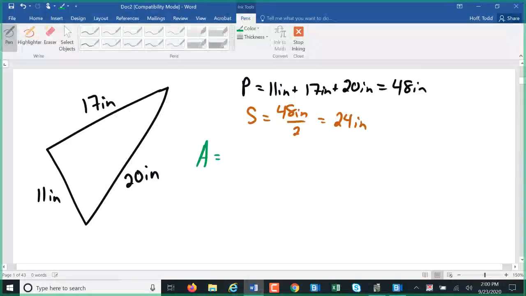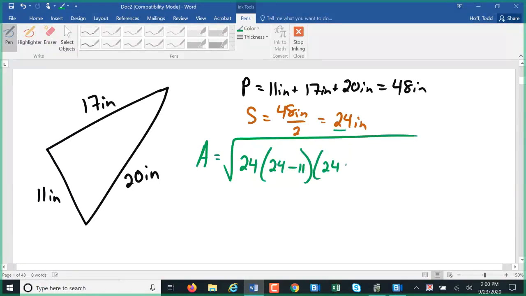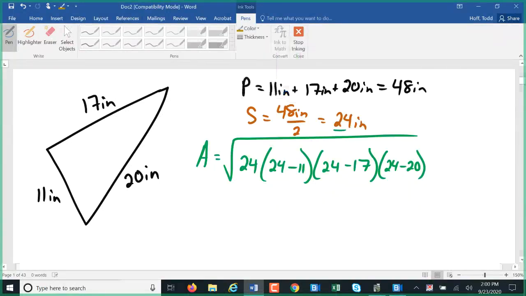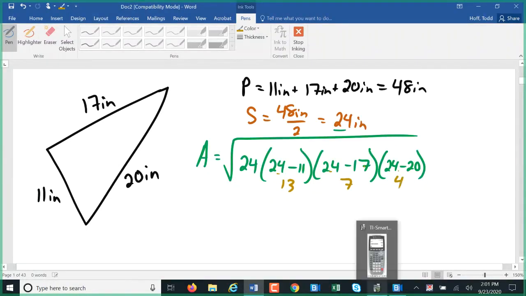So our area is that semi-perimeter 24 times 24 minus 11 times 24 minus 17 times 24 minus 20. 24 minus 11 is 13, 24 minus 17 is 7, and 24 minus 20 is 4.